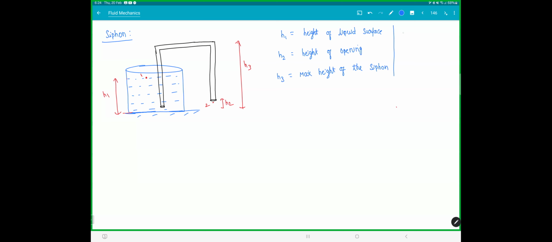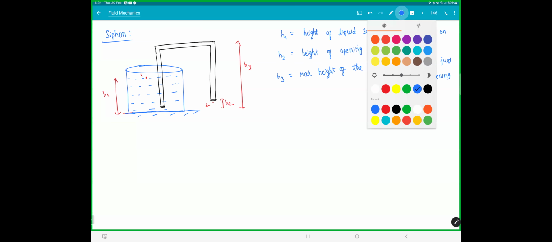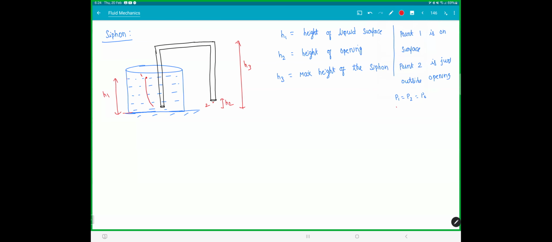So 0.1 is on the surface. 0.2 is just outside the opening. Therefore, P1 is equal to P2 is equal to P naught, atmospheric pressure. Now, when you apply Bernoulli equation from 1, the liquid flows.